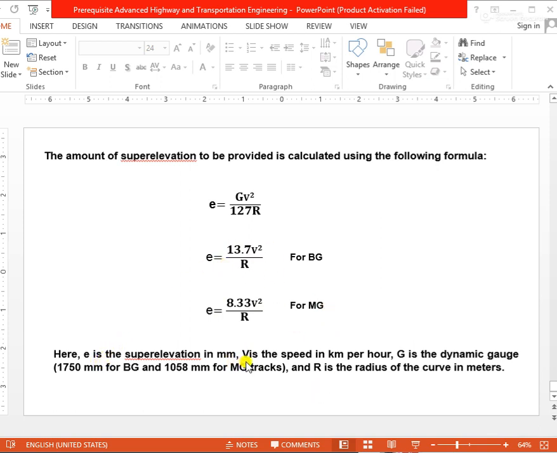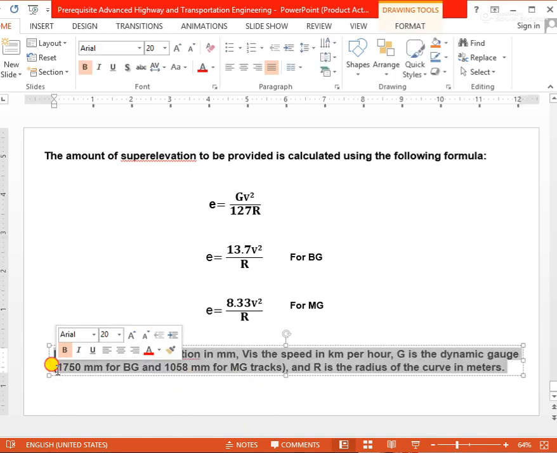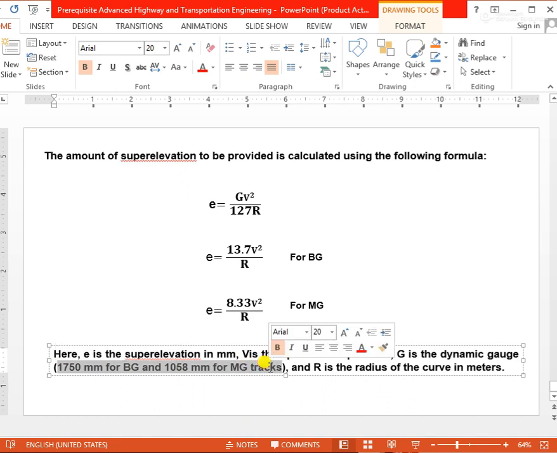Here E is the super elevation in millimeters, V is the speed in kilometers per hour, G is the dynamic gauge, that is 1750 for broad gauge and 1058 for meter gauge tracks. This is an important value. And R is the radius of the curve in meters.